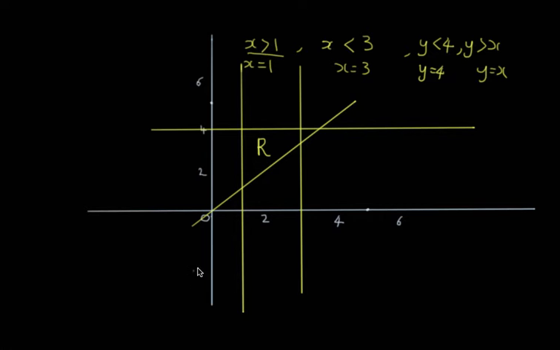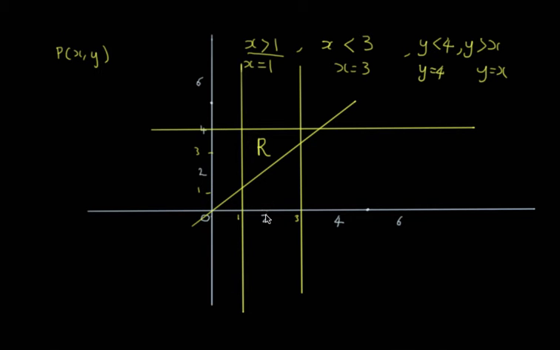Now the point P, we were looking for a point P, which is x, y, that satisfies this inequality. Now point P has to lie within this region. So we can see this is 1, this is 3, and down here's 1.